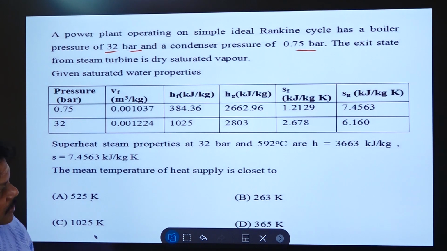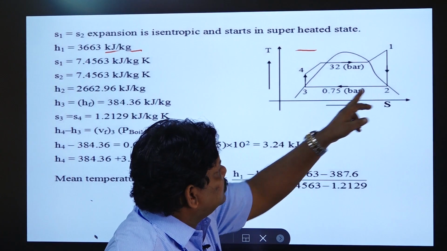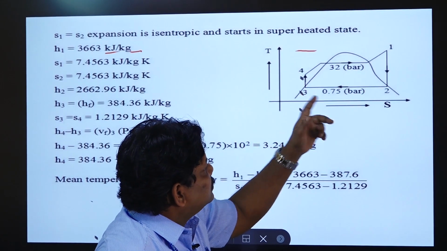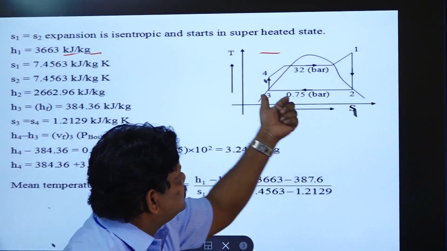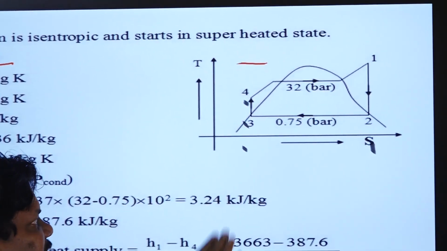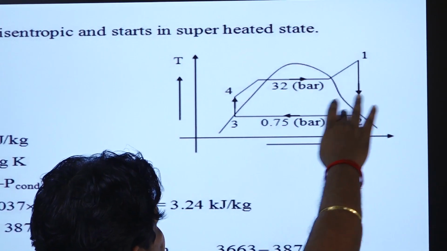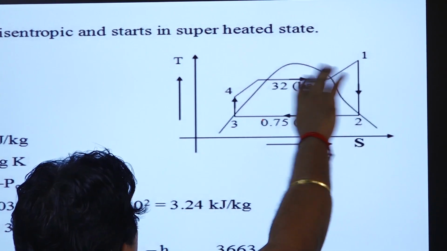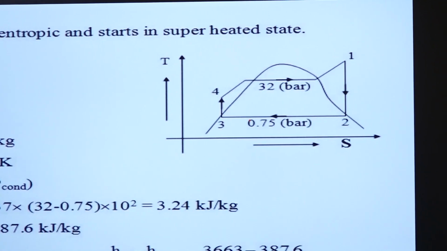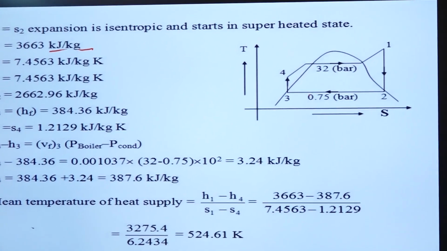So you should know this diagram thoroughly. One is 1 to 2, 2 to 3, 3 to 4. Here S1 is equal to S2 and S3 is equal to S4. The diagram is similar in all the cases. Mostly in the Rankine cycle, the diagram is similar, but this may change. It depends upon the condition given in the problem. The numbers 1, 2, 3, 4 may change.